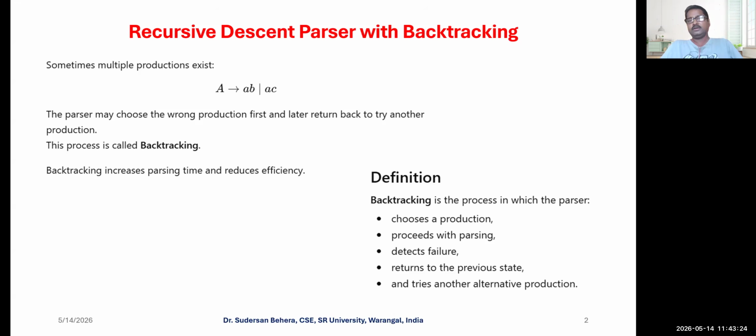Okay. So here, if multiple productions exist for a particular non-terminal, like capital A derives small a b is one production. In the second production, you can see capital A derives small a c.